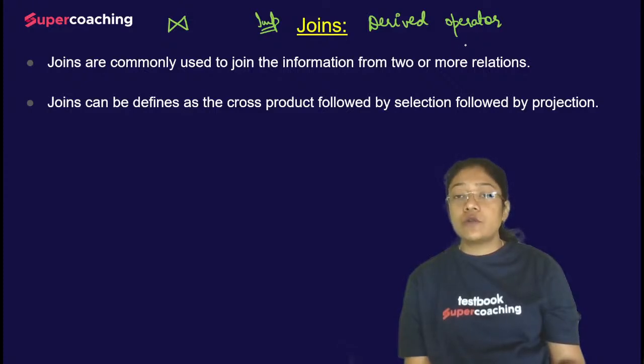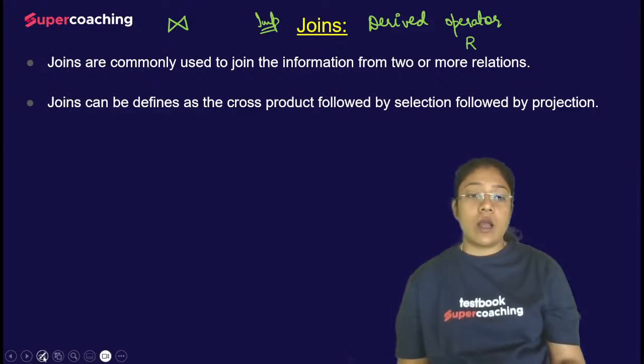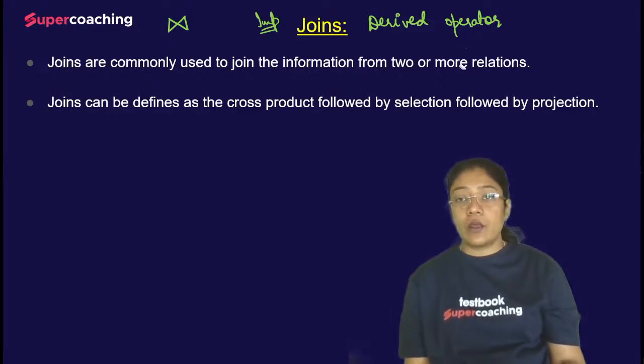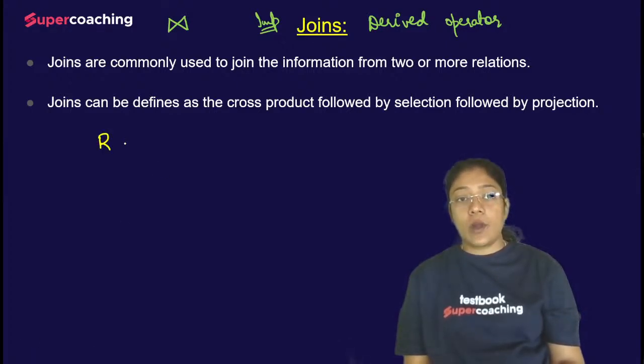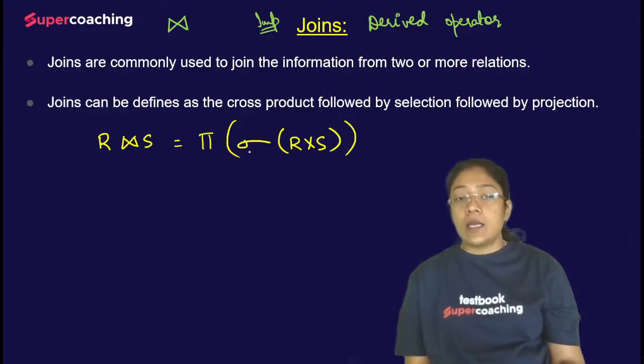Derived operator means, first of all, if we have two relations on which I want to apply the join operator, this can be written as R join S, which is derived from, first of all, taking the cross product, then applying the selection operator, and then the projection. And here we know that for the selection operator, we need to mention the condition, and for the projection, we have a list of attributes. So this is the expansion of the join operator.